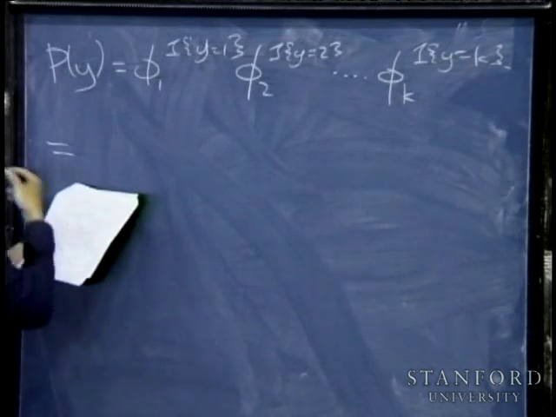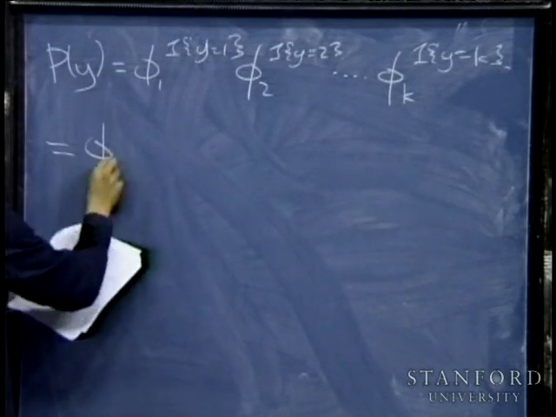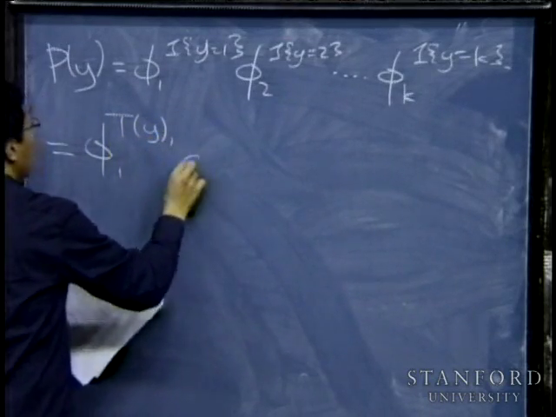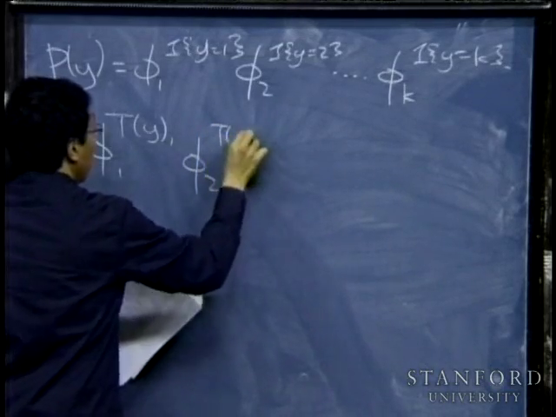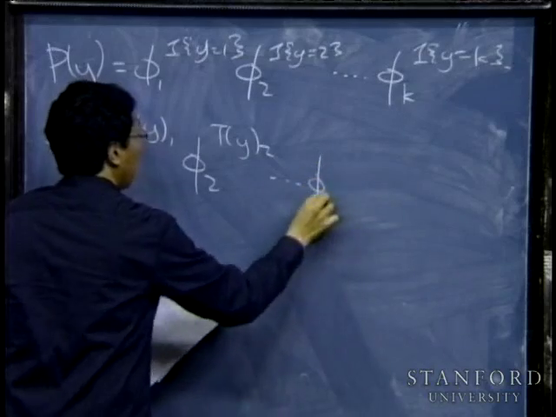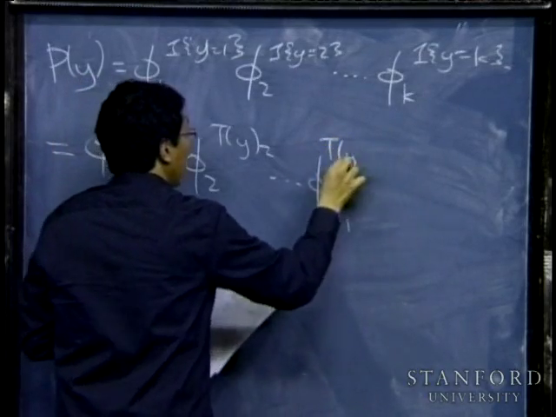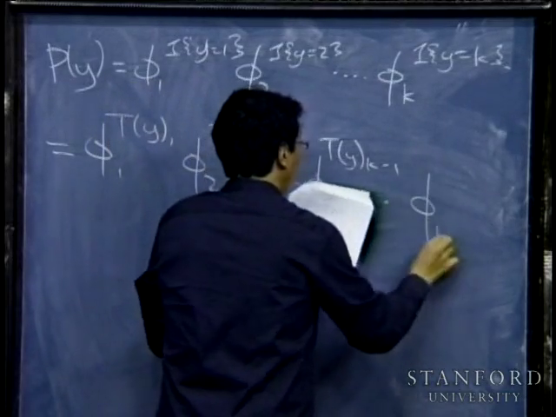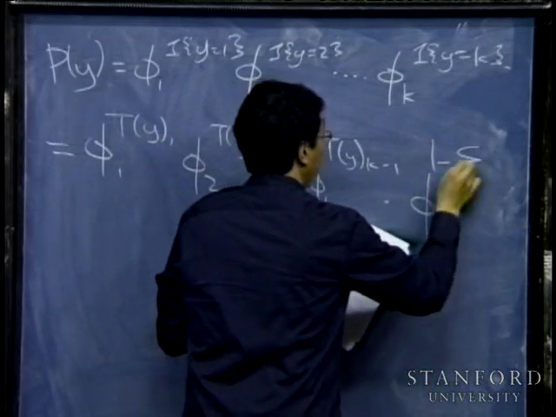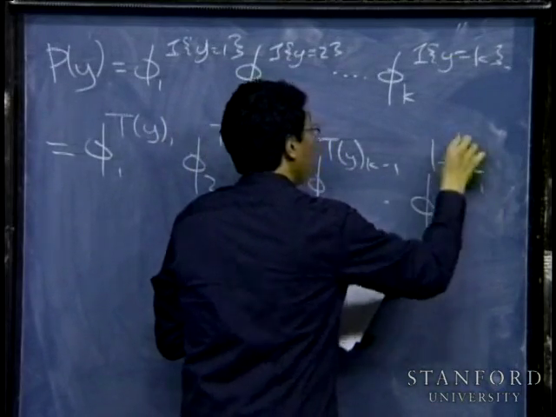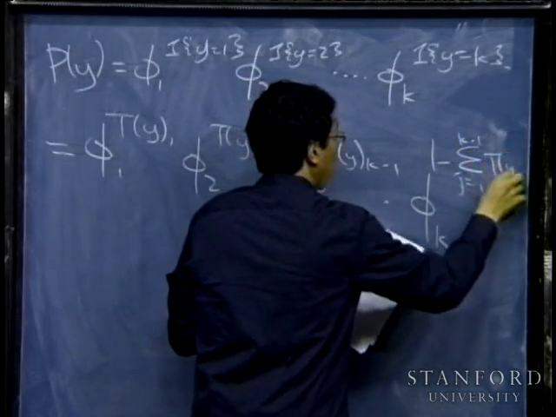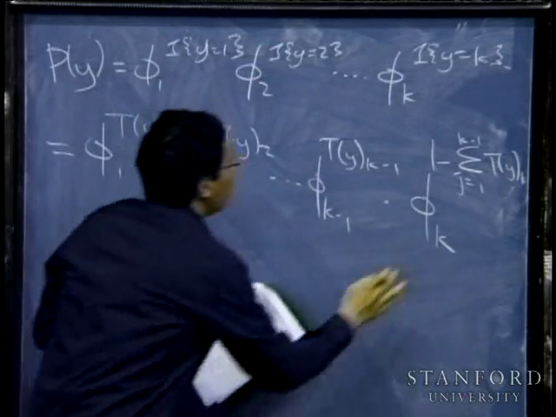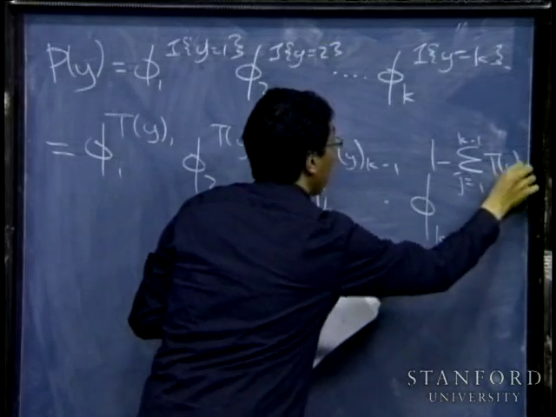And so, using this equation on the left as well, I can also write this as phi_1 to the t(y)_1, phi_2 to the t(y)_2, up to phi_{k-1} to the t(y)_{k-1}, times phi_k, which is 1 minus the sum over j.